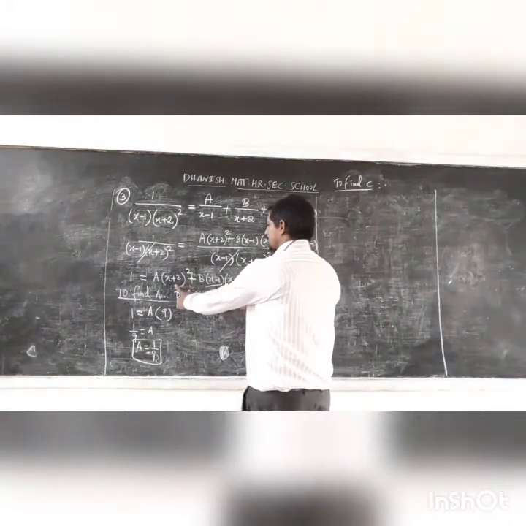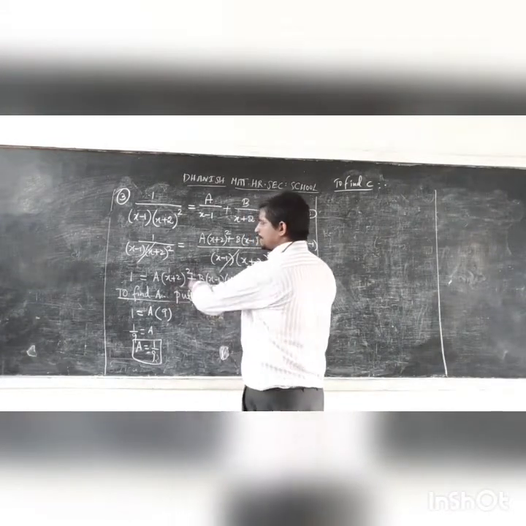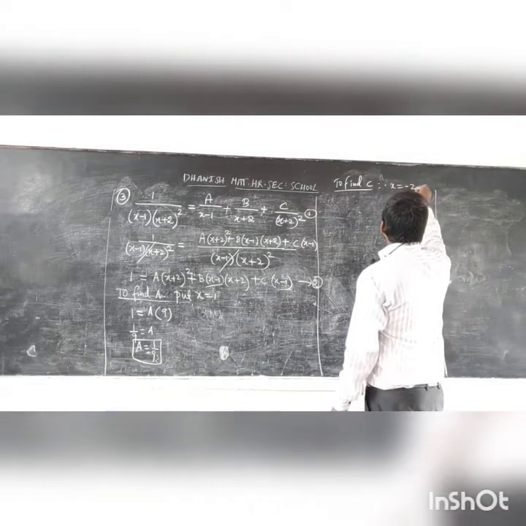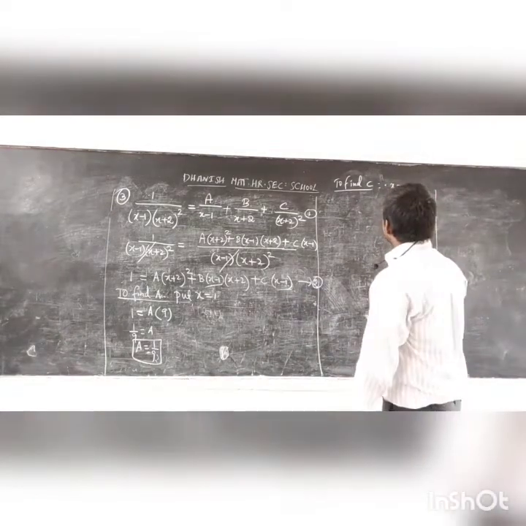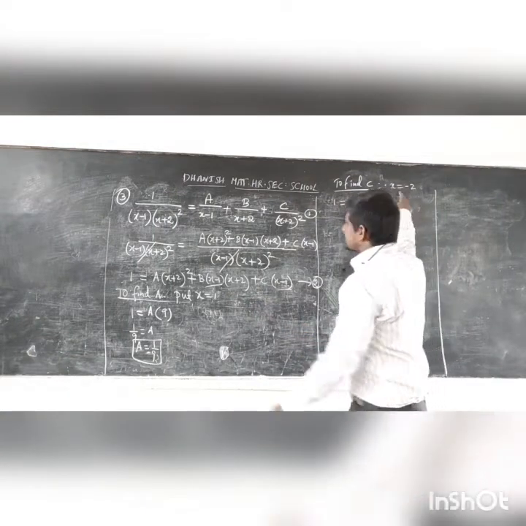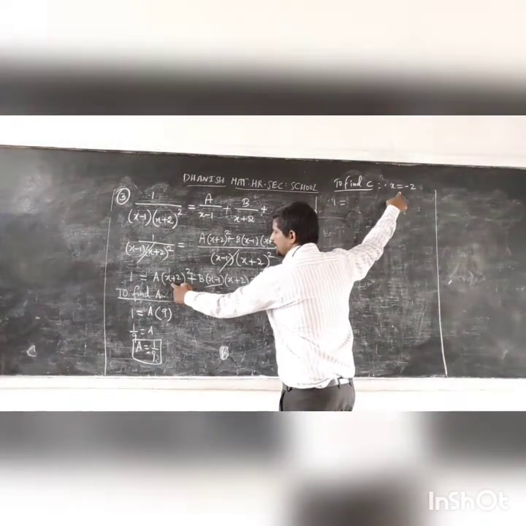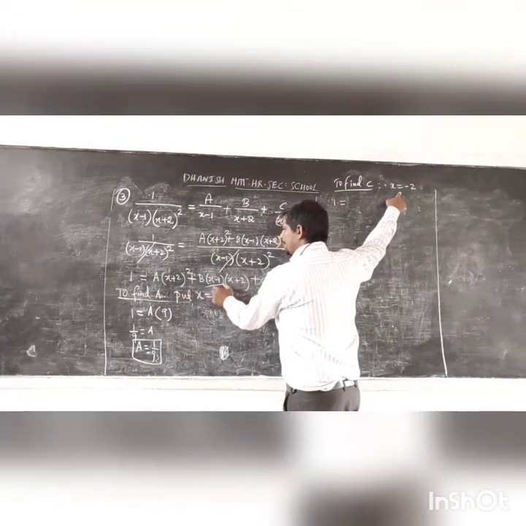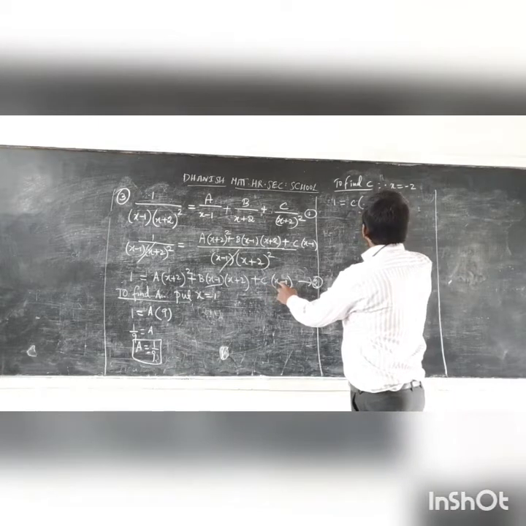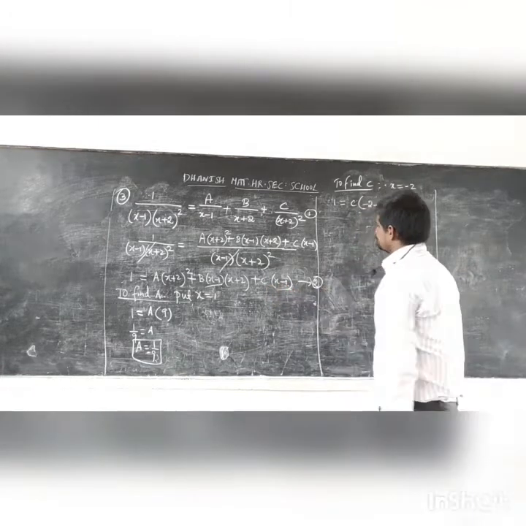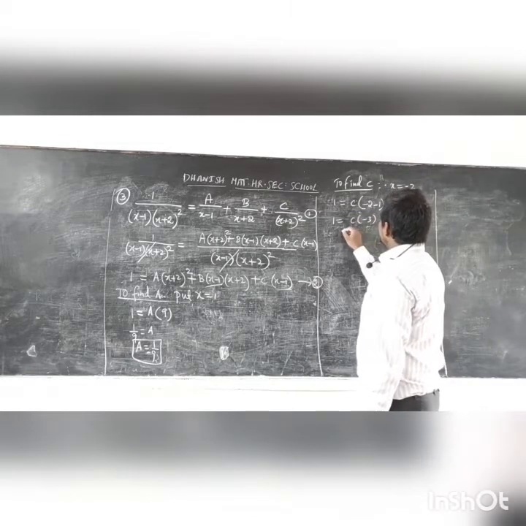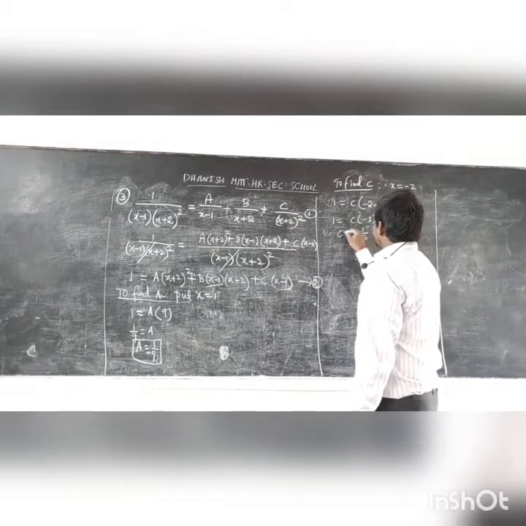Look at these two terms. Here we are having x plus 2, x plus 2. So I am going to put x as minus 2 in equation number 2. Now 1 equal to, if I put x as minus 2 here, it will become 0. So the b term also will become 0. So c into minus 2 minus 1. Now 1 equal to c into minus 3. So c equal to minus 1 by 3.